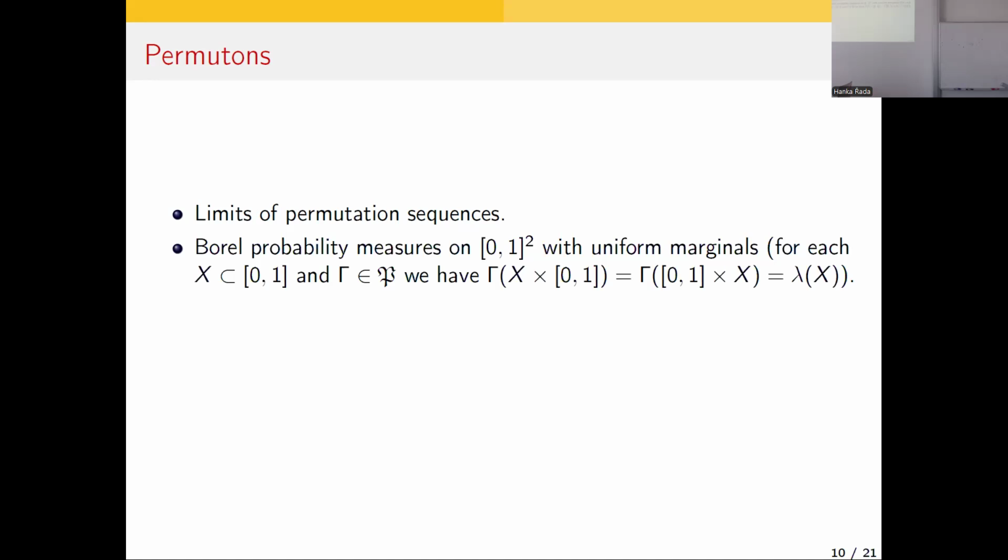Why uniform marginals? Because if you have a large permutation, and there are 2 points, then you know that if you count all the points that are in this sector, you have exactly q minus p points of the permutation.